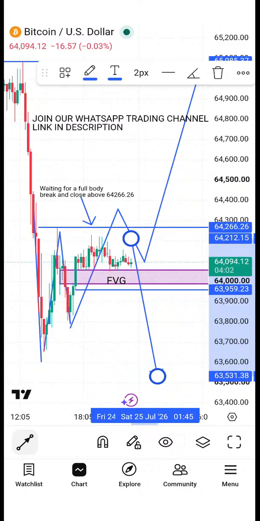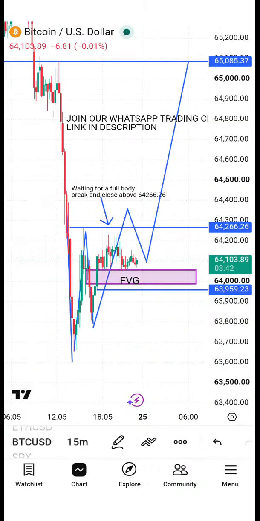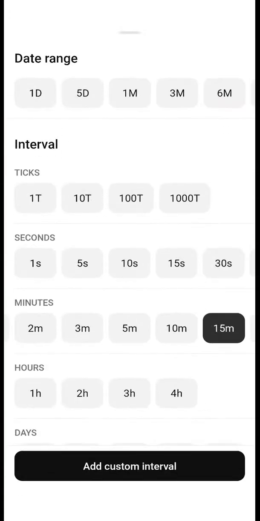This is Bitcoin. And the reason why, guys, I'm saying I'm not looking for selling opportunities is because Bitcoin is right at the major support. Let me show you the daily time frame.